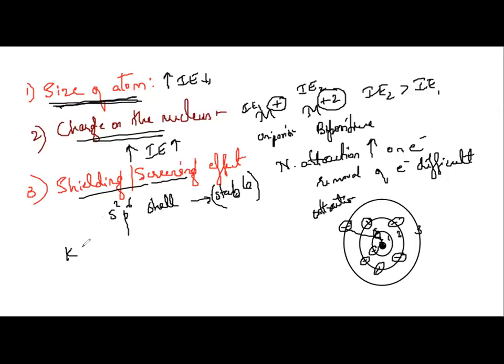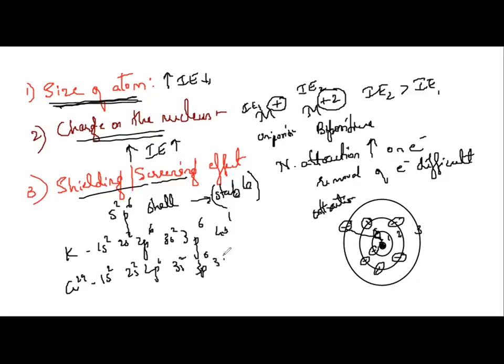Let me take an example. Potassium is 19: 1s2, 2s2, 2p6, 3s2, 3p6, 4s1. Copper is 29: 1s2, 2s2, 2p6, 3s2, 3p6, 3d10, 4s1. Yes or no?